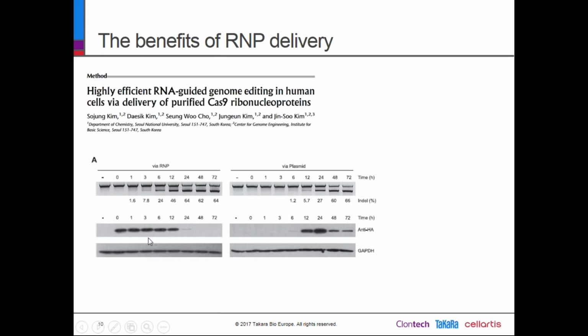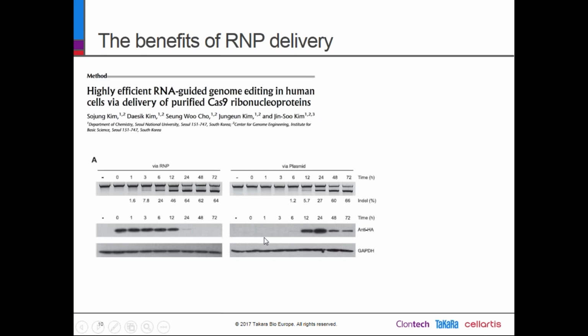What you can see here is that one difference is, of course, the time frame of the presence of the protein in the target cells. When delivering Cas9 protein, you can see that the protein will be present very fast, but it will also be degraded very quickly. After 24 hours, most of the Cas9 protein has been degraded.